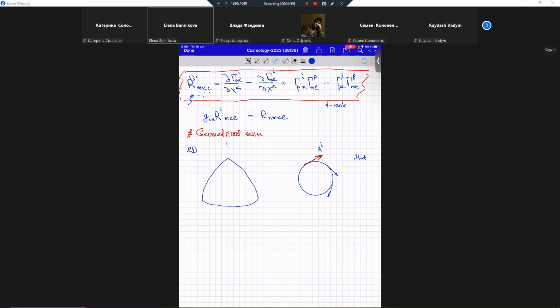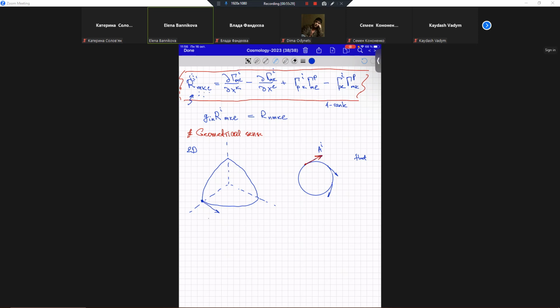Okay, so this is like this. I will just draw some closed contour, which I choose on the curved surface, which can be, for example, the surface of a sphere. So what will I see? If I have the vector here, I will start from this point.